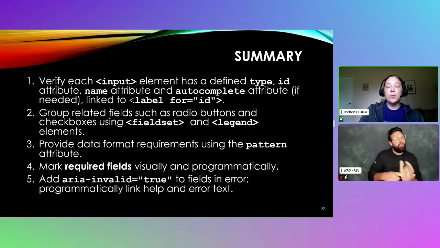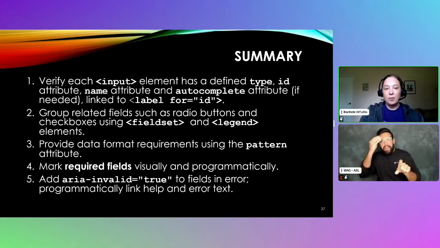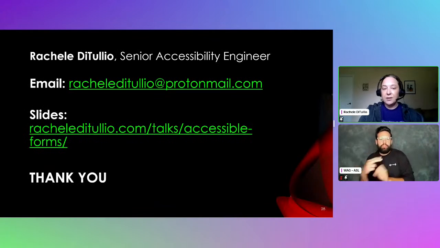And lastly, we want to add the ARIA invalid attribute to fields that are in error. We set that value to true, and then we make sure that we programmatically link any help text or error text to our form fields so that they are announced to assistive technology users. And with that, that's all I have. So I'm ready to take questions.